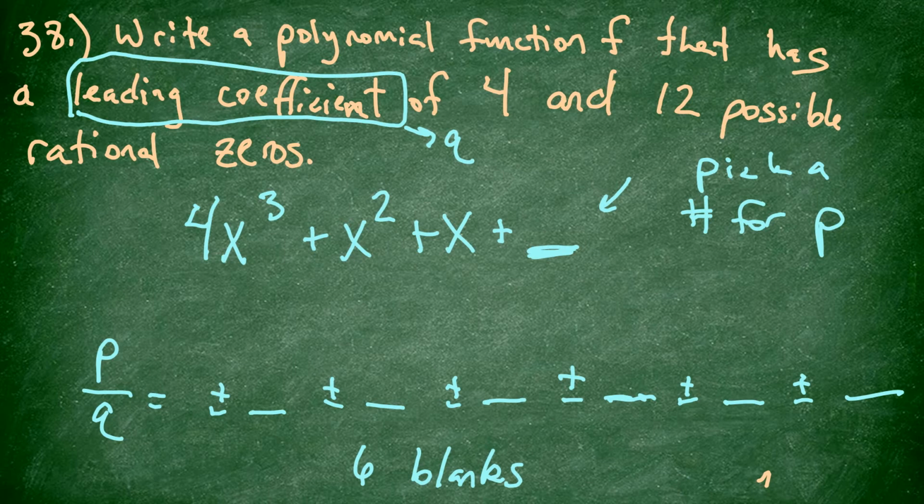So notice, let's say I picked 1. I think that's the easiest one to pick for p. That would give me 1 and 1. And how do I get 4? 1 and 4, 2 and 2. So if I write out all the possible zeros, it'd be plus or minus 1 over 1, plus or minus 1 over 2, plus or minus 1 over 4, and that's it.